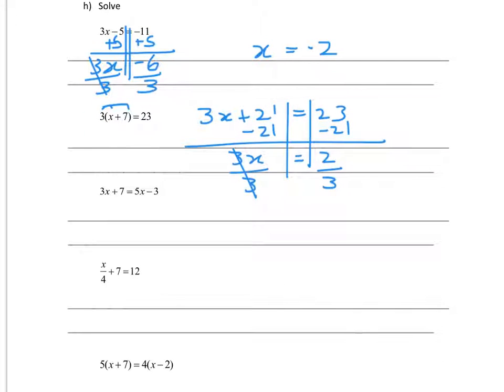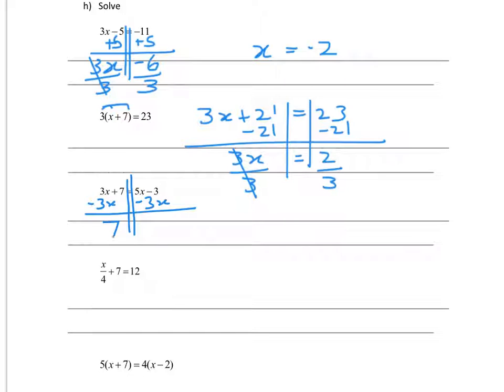The next example, remember when you have x on both sides, look at which side you have the most x's on. So I'm going to keep the 5x, and I want to get rid of the 3x on that side. So I'll minus 3x on that side as well.